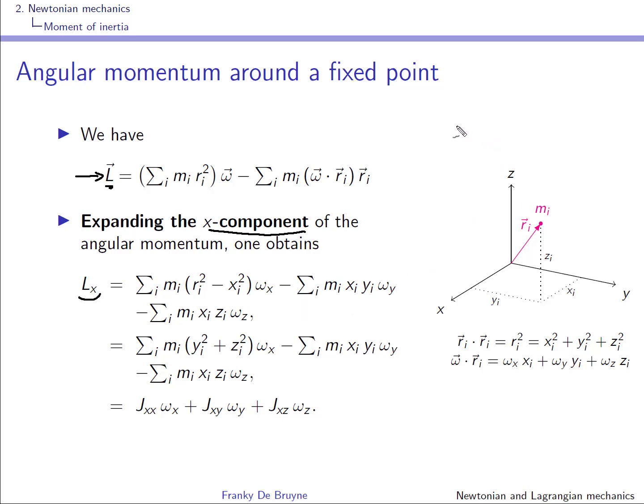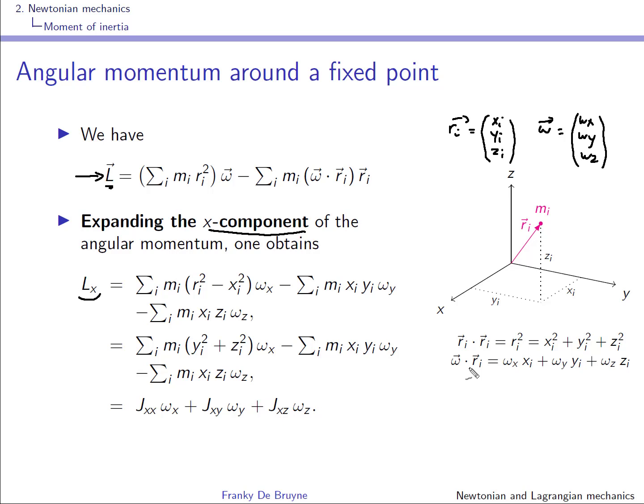So the vector r_i has components x_i, y_i, and z_i, and the angular rotation vector has components omega_x, omega_y, and omega_z.